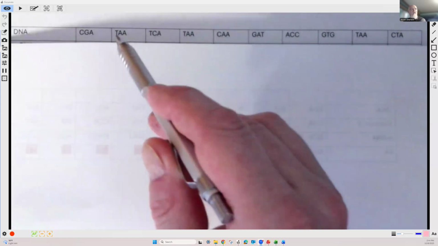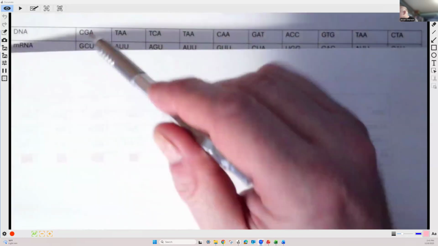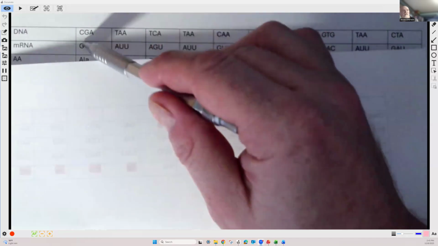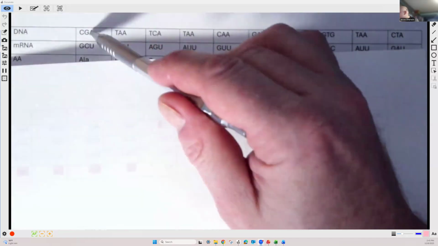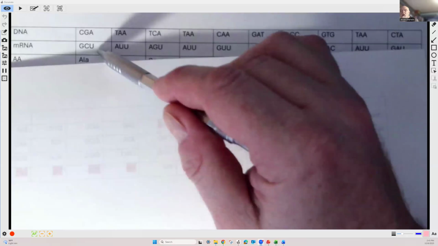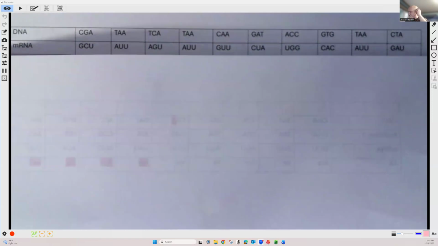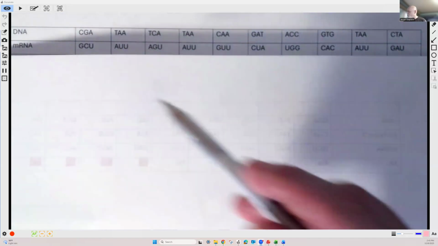Using the transcription process inside the nucleus, my C is going to pair up with a G, and the G is going to pair up with the C. The A is going to become U, because messenger RNA doesn't have a T, but the T becomes an A. We practiced this a little bit, and I did this for you to save some time. This is our sequence of messenger RNA from our DNA.